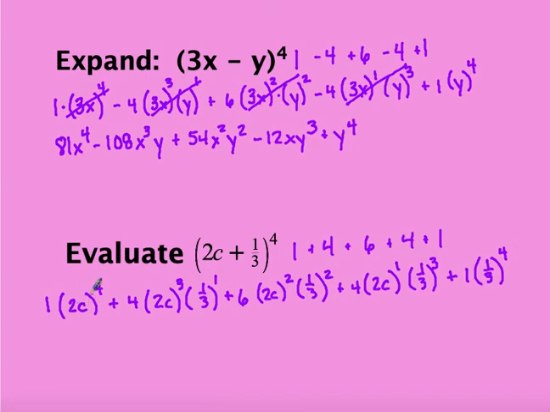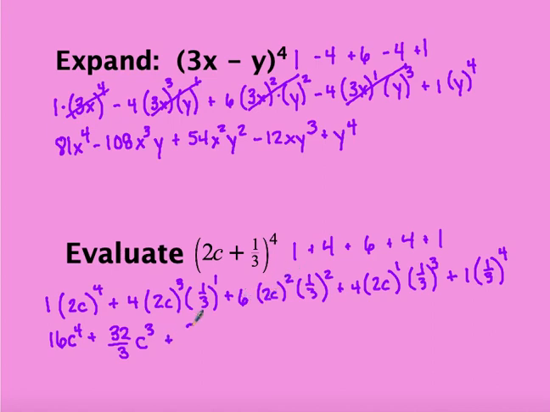So I have 2 to the 4th power as well as c to the 4th power gives me 16c to the 4th. Plus, I have 2 to the 3rd power times this 4 is 32. Now I'm going to have that over that 3, c to the 3rd power. Now over here, I'll have 1/3 to the 2nd, which is 1/9. I have 2 to the 2nd, which is 4 times 6.